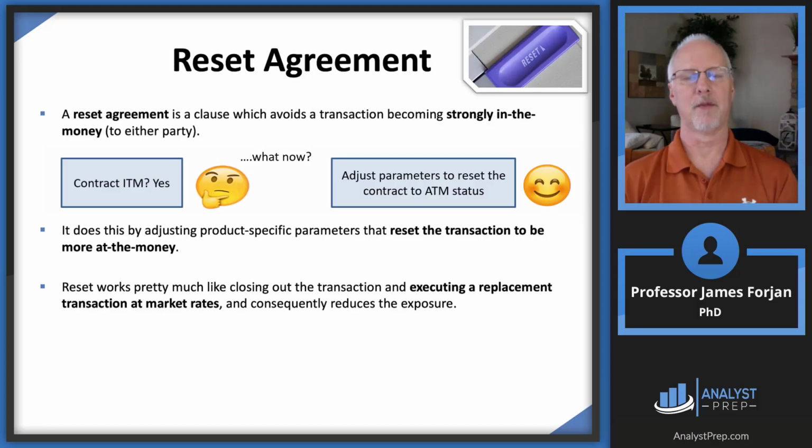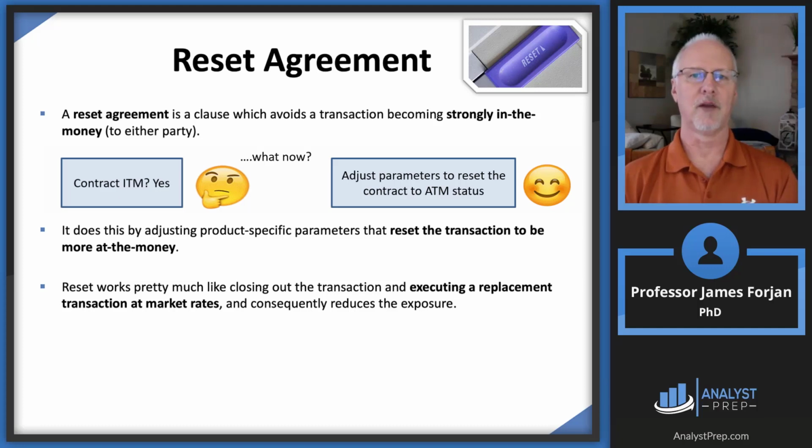Now, the reset agreement, this is exactly what you would want. If you had a position and you had a counterparty and the two of you were battling on the movement of interest rates or foreign exchange or equity markets, whatever it is, you would like to have the ability to go in and meet in the middle, much like the referee does in the middle of a basketball court or a football court. They meet in the middle and they try to figure out what's going on, right?